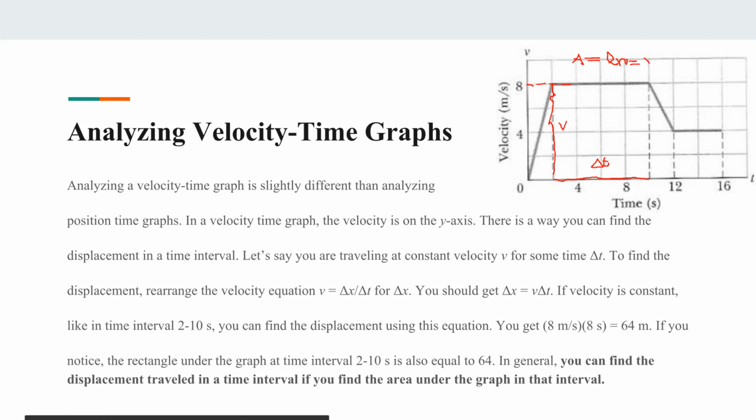So that's v times delta t. And we already see here, if we actually rearrange this equation, that just equals delta x.